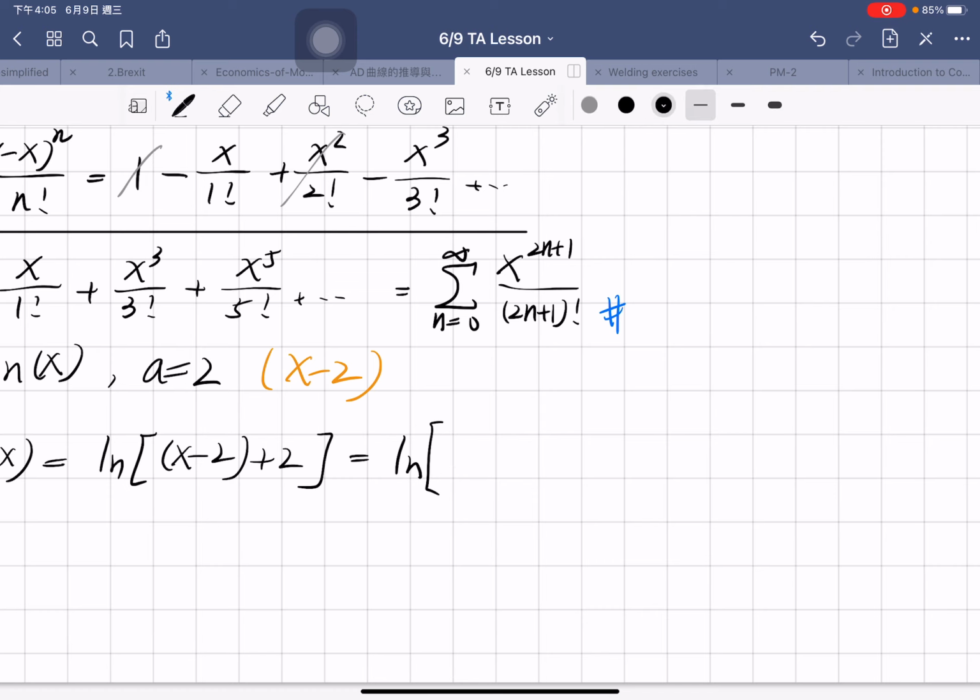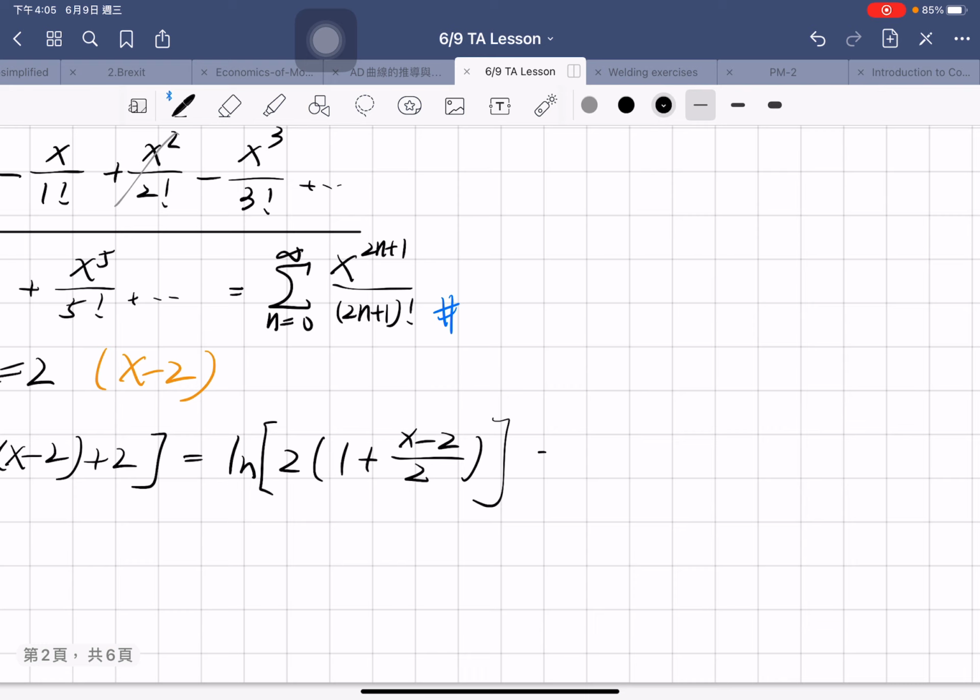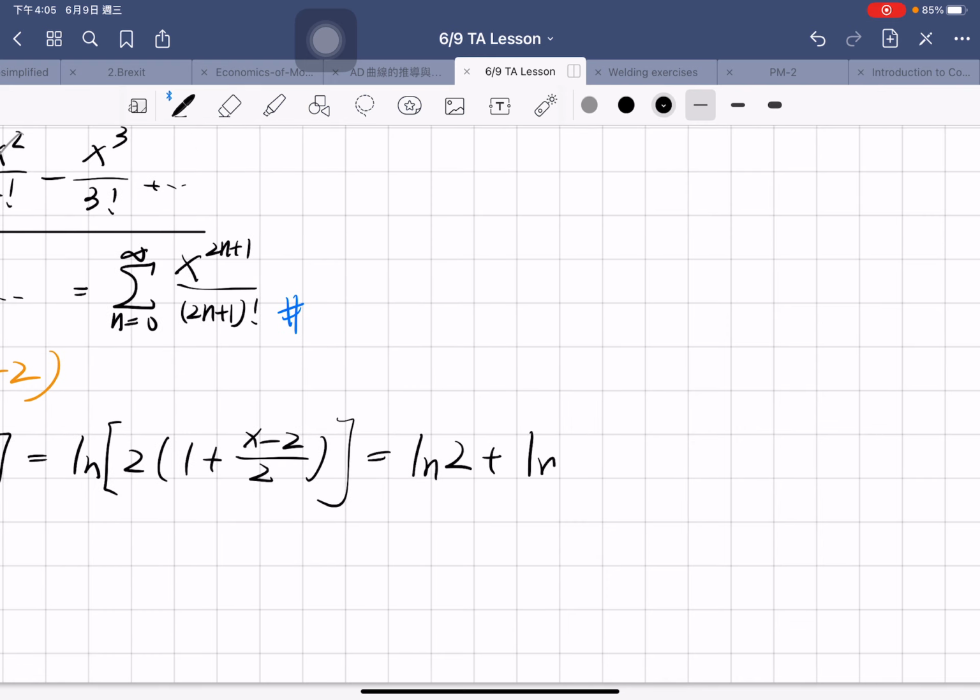Take our 2 out, so like this, 1 plus x minus 2 over 2. And we can take our natural log 2 out and add this one.